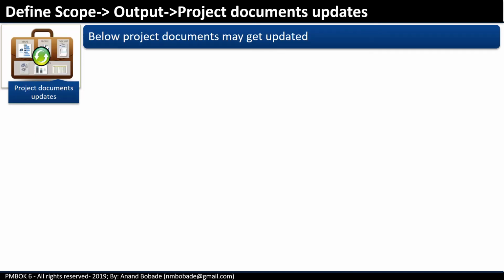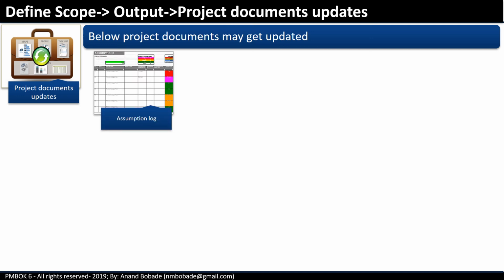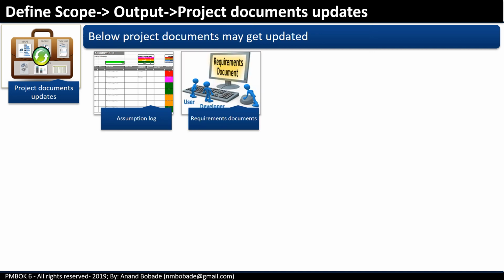Project document updates. Some of the project documents which will get updated as an outcome of the define scope process are the assumption log. When requirements are turned into deliverables, this may lead to identification of additional assumptions or constraints that were not previously apparent, maybe during your project charter or business case. So all these assumptions will be logged into the assumption log. Requirements documentation.